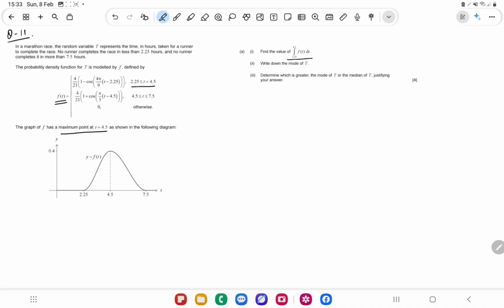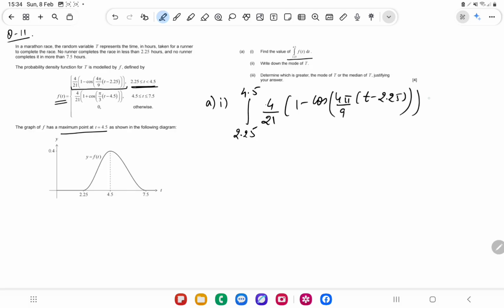Since we are talking about the first function which is given to us, to solve the first part, instead of f(t), we can put the entire function, which is 4 by 21 times (1 minus cos of 4 pi by 9 times (t minus 2.25)), and we will integrate it with respect to t.